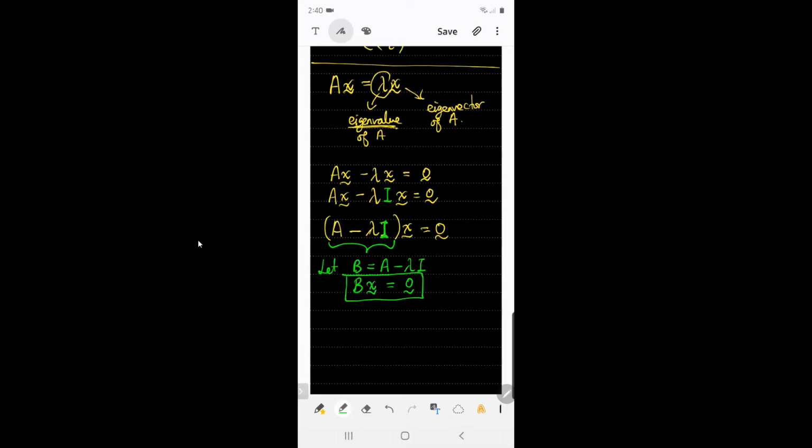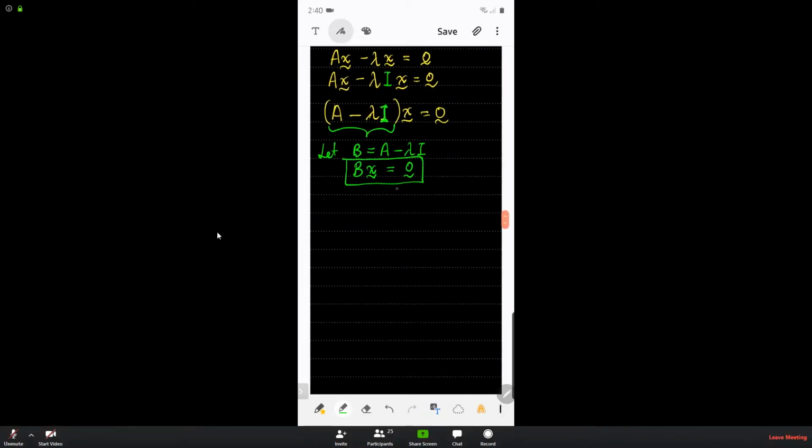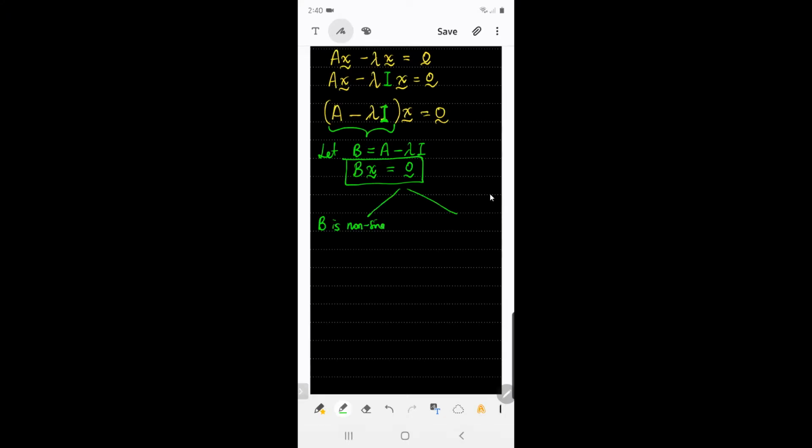There are two situations. The first situation is when B is non-singular. Do you remember the meaning of a matrix that is non-singular? If B is non-singular, what does that mean? Can anyone recall?